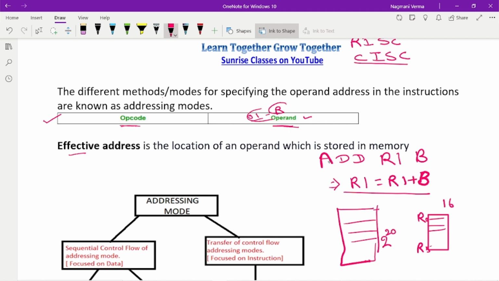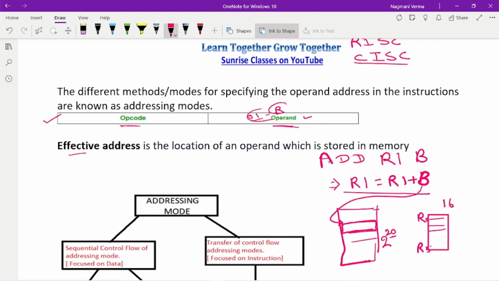Now what will happen if you want to give the address where B is? B is in the RAM, so we find its address. To represent these addresses, we need 20 bits. You got it? Because there are 2 to the power 20 words in this RAM, that will be represented by 20 bits.